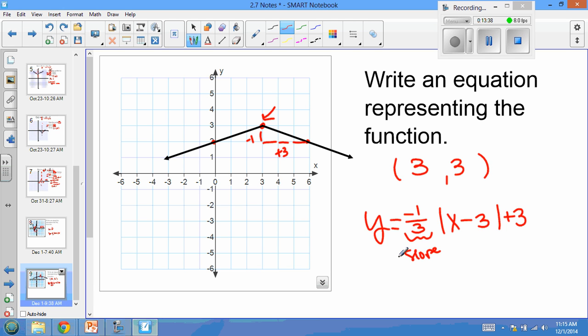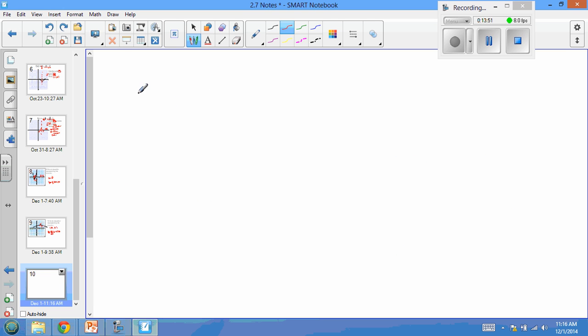Okay, your homework is 2.7 practice. The first 6 problems you are not graphing. All you're doing is answering the questions on the back side, the first 4. So the first 6, no graph, just answer the questions. 7 through 10, make sure you graph and at least write the vertex.